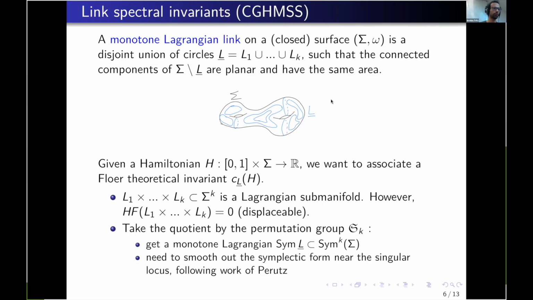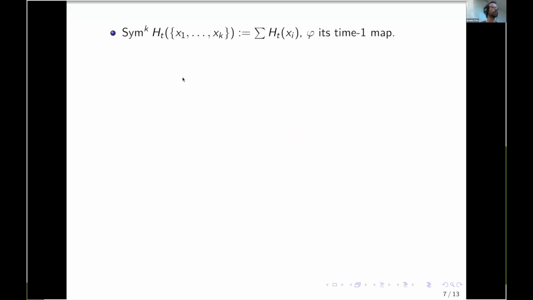So now that we have our links and our Lagrangian in the symmetric product, we will compute its Floer homology. So we define a Hamiltonian on sim K of sigma the following way. At a point {x1, ..., xk}, so this is a point in the symmetric product, it's basically k points on our surface, but unordered, so I write it as a set.